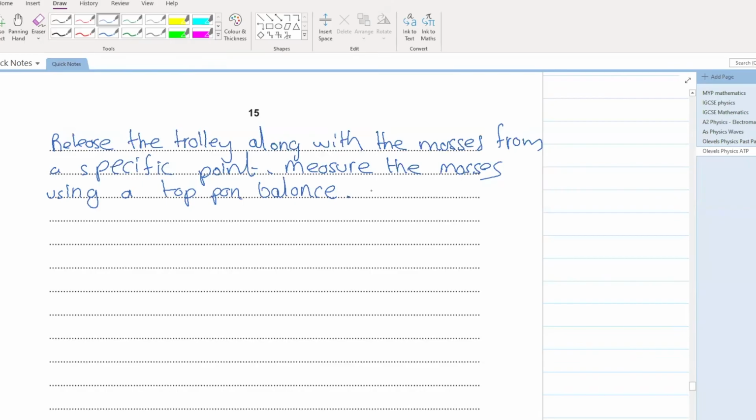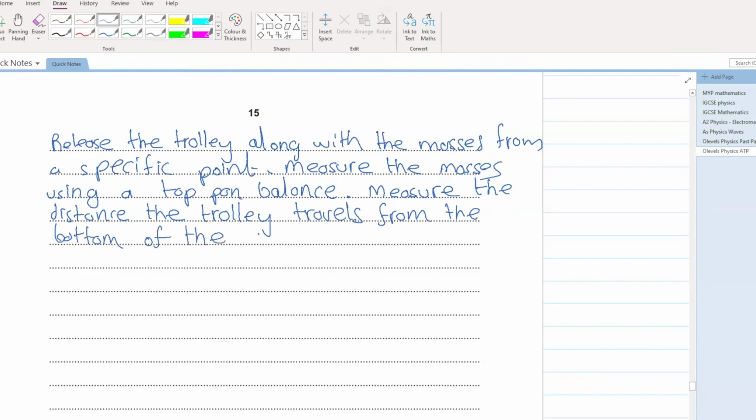Secondly, you will say, measure the distance. Measure the distance the trolley travels from the bottom of the ramp until it comes to a stop, until it comes to rest, you can say.